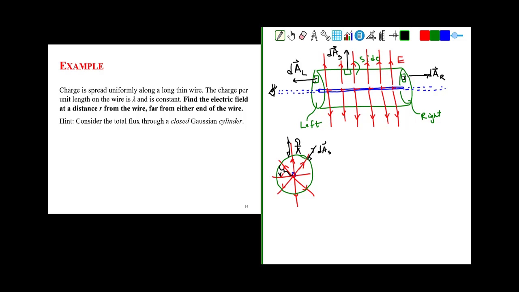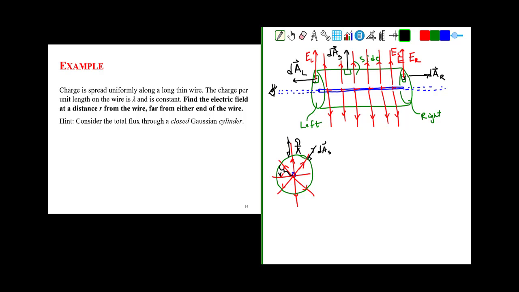And relative to the left and right ends, the electric field vector at that point is perpendicular to our area vectors. I'm using subscript E_L for the electric field at the left end, E_R for the electric field at the right end. And I'll use just E_S for the electric field through the side. All same magnitude, but I like to distinguish between them because it'll help the integral.